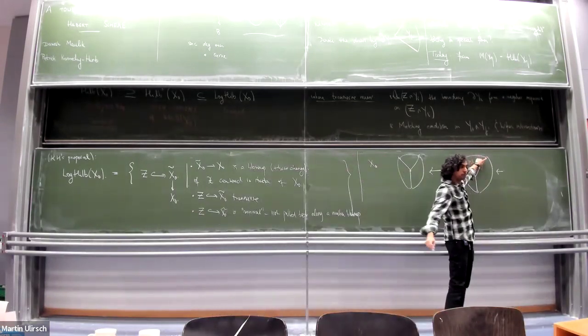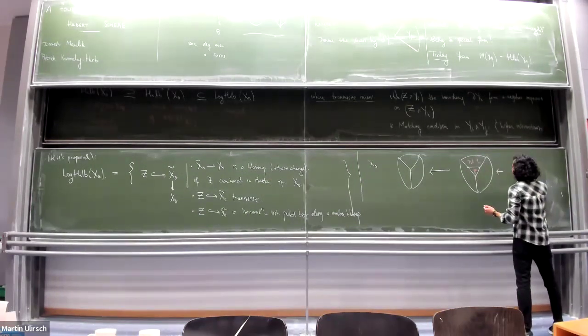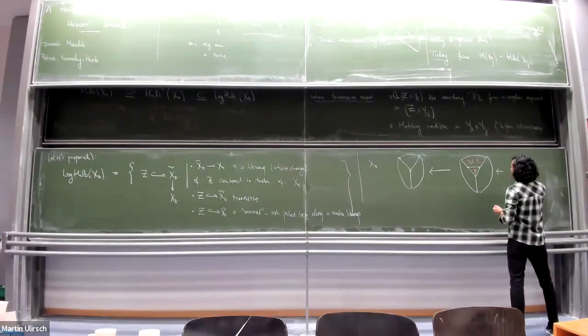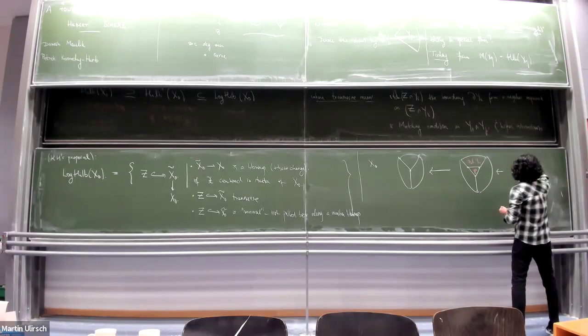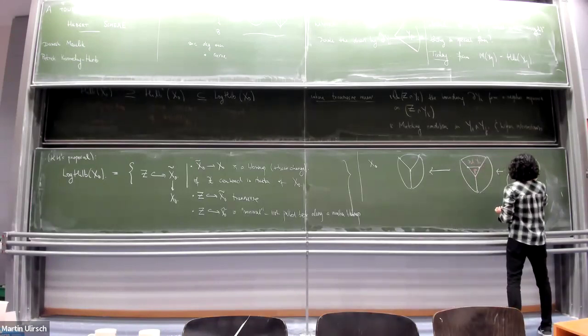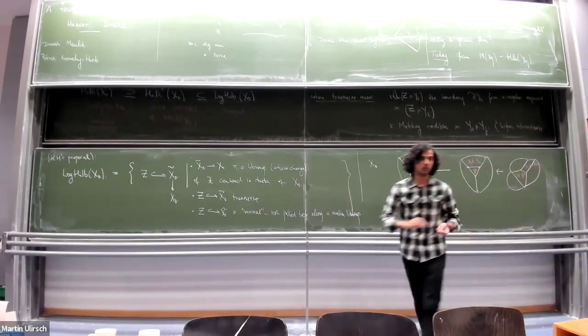So for example, maybe you could pick this, you could blow that up, and I'm not sure I want to draw that, but okay. Introduce some kind of bubble like there. Where this is your blow up of your P2 at a point. This is some kind of P1 bundle. These are the quick transforms of the y's.